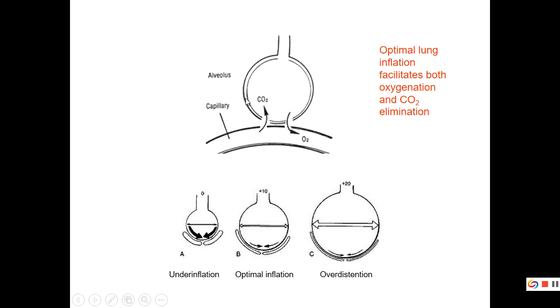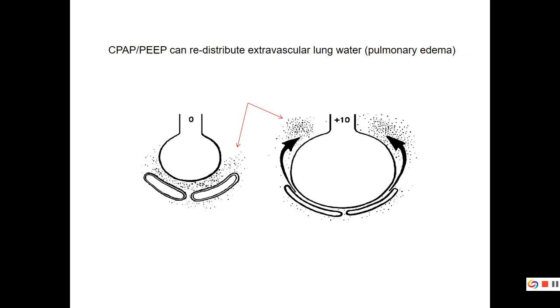So again, back to, this is a slightly different diagram, but the concept's the same. We want to be in this optimal inflation target. We don't want to be underinflated or overinflated. Optimal inflation facilitates both oxygenation and CO2 elimination. So we want to be in that perfect VQ matching zone, or like I call it, the Goldilocks zone.